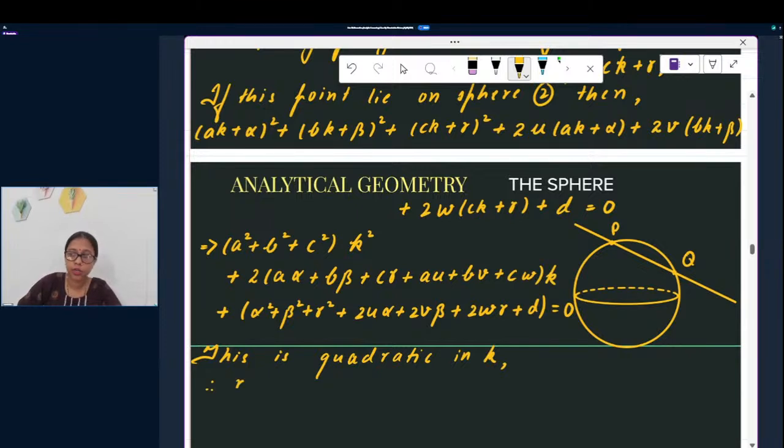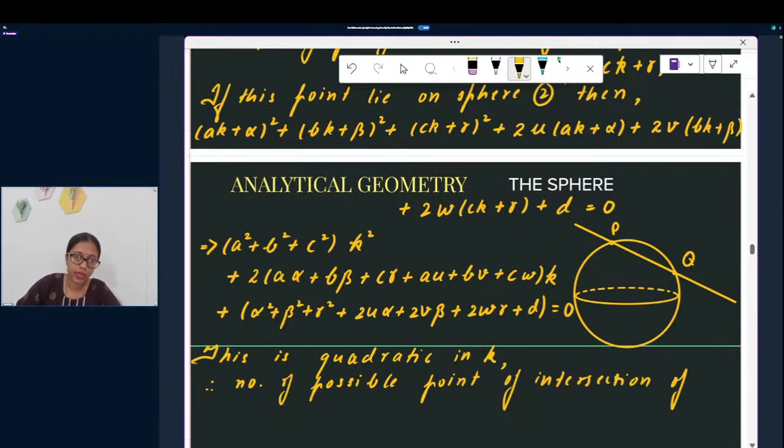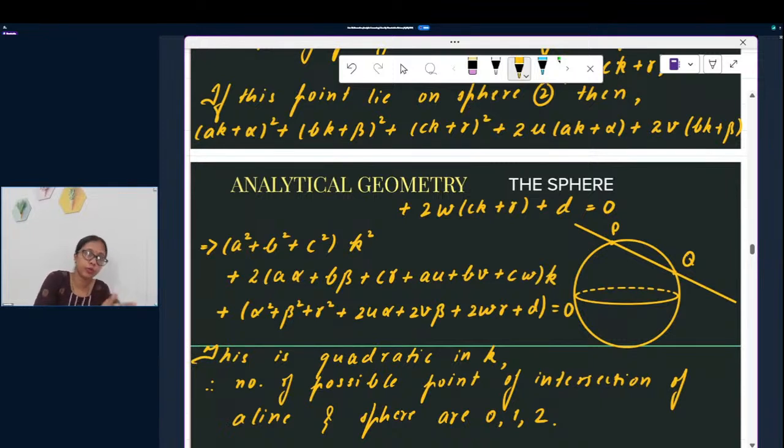Therefore, the number of possible points of intersection of a line and a sphere are 0, 1 and 2. Either no point of intersection, 1 point of intersection or 2 points of intersection.